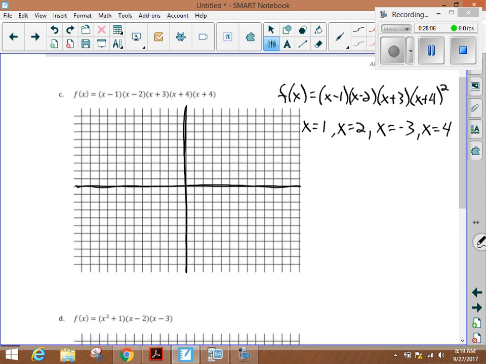What does that mean? That means that the graph of this particular polynomial has x-intercepts at x equals 1, x equals 2, x equals negative 3, and x equals negative 4.